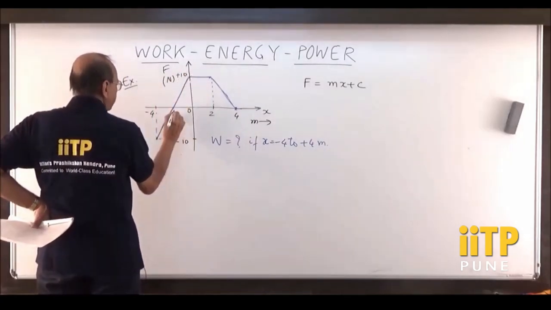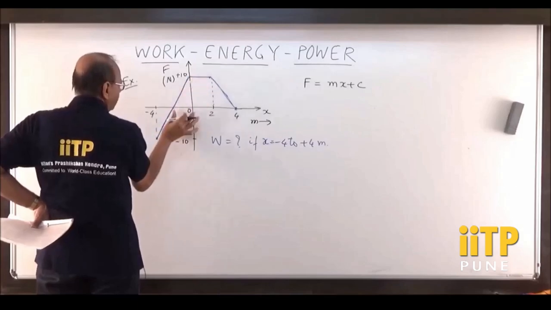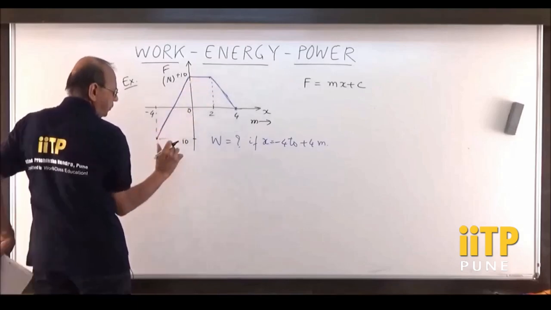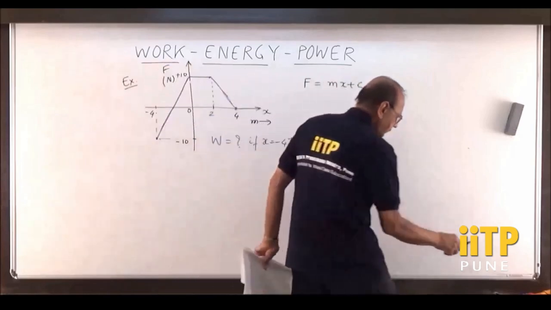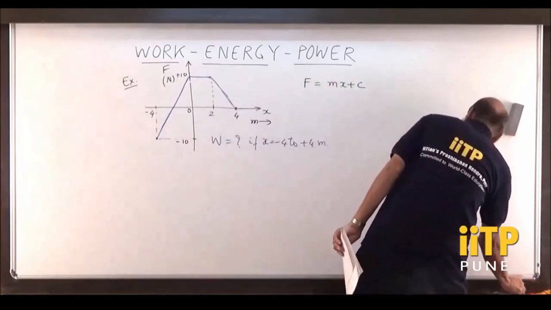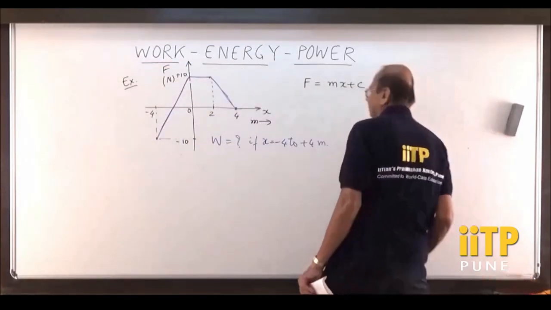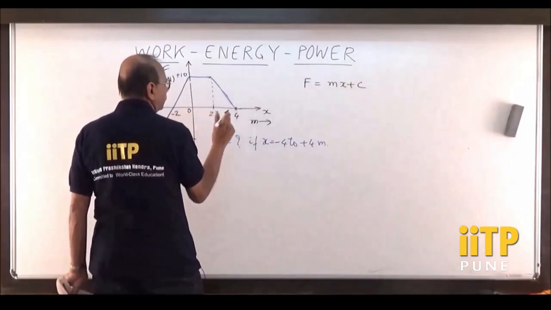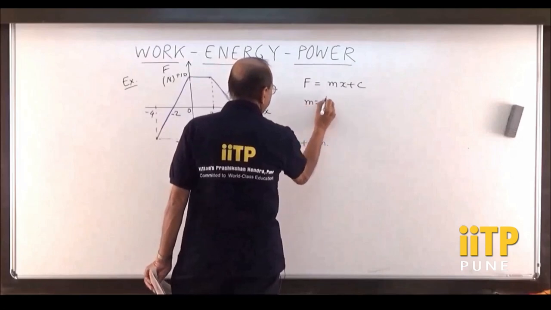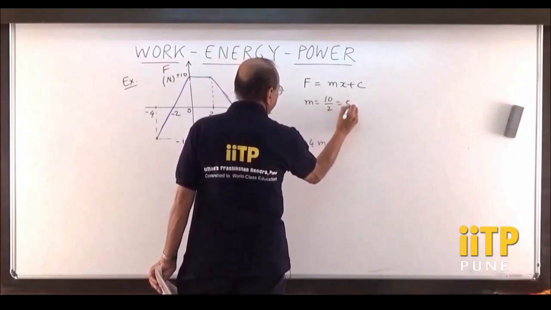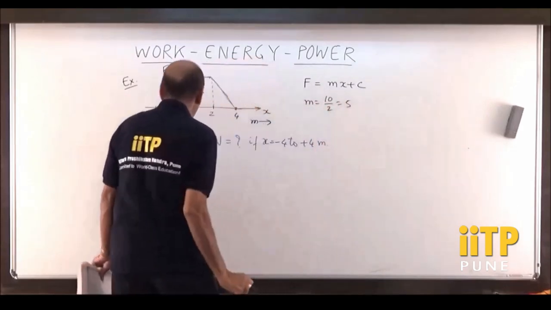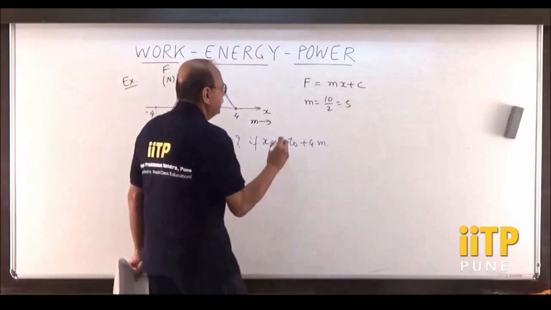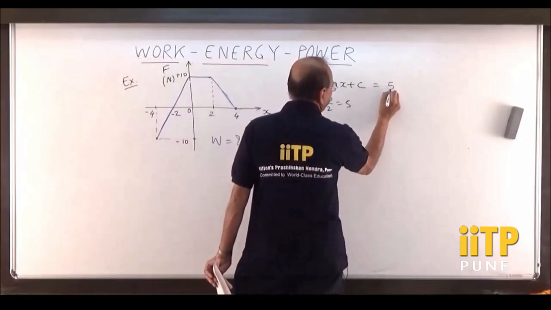Slope is 10 divided by 2, because minus 2 to 0 is 2. So the slope m is equal to 10 upon 2, which is 5, of course newtons per meter. So I can write f is equal to 5x plus c.